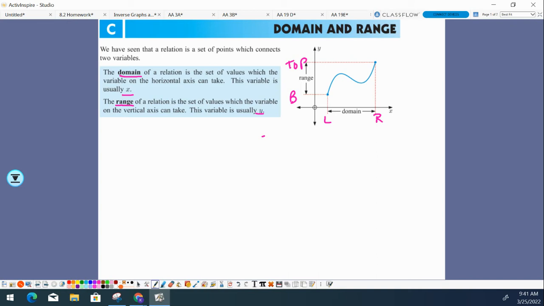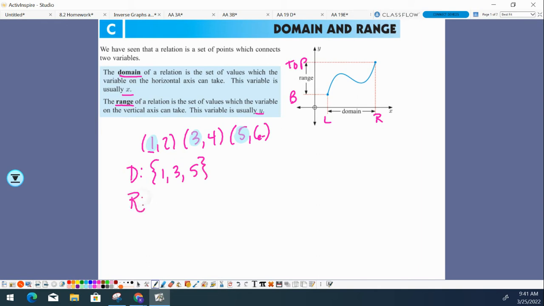Let me give a couple examples, and you don't need to write it down, but it might help you visualize what's going on. Say that I just have 3 points. If we can see the actual X values, you can just list the domain using your set notation: 1, 3, 5.